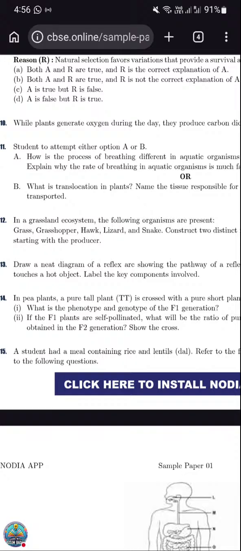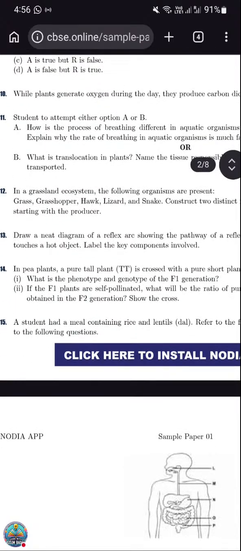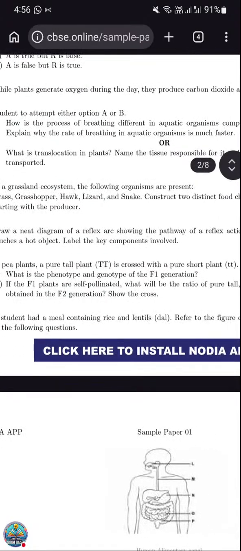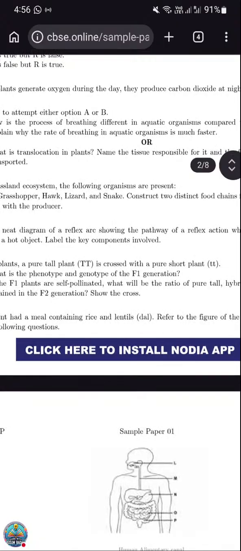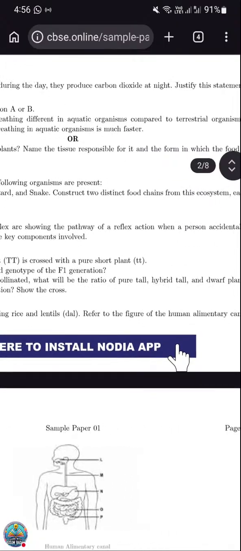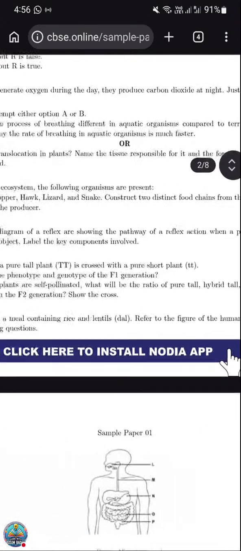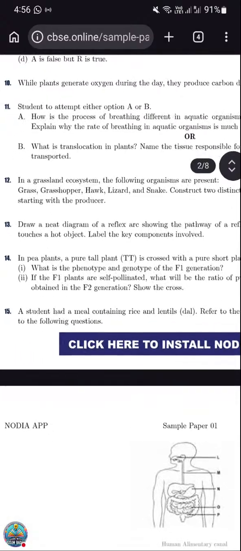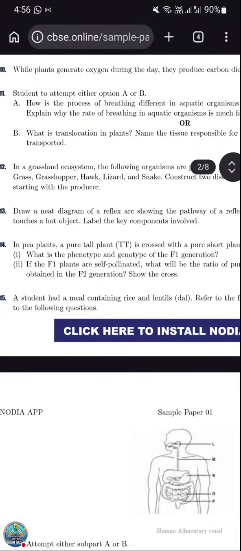Now the next question: draw a neat diagram of a reflex action, a reflex arc showing the pathway of the reflex action when a person accidentally touches a hot object. So this is there in your NCERT textbook, same question, same diagram you can repeat here.